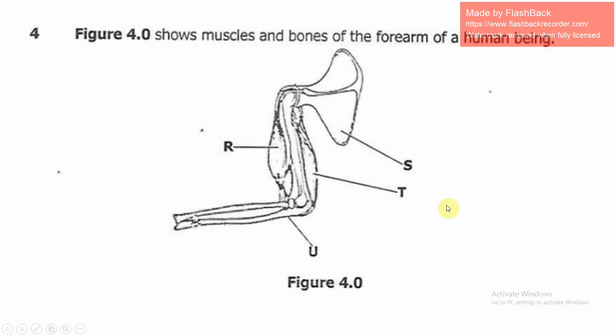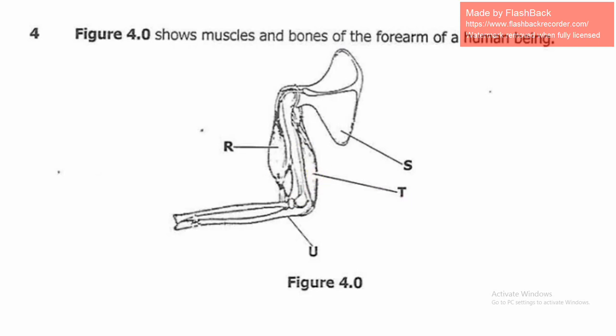The person who prepared this question was very lenient, I guess, because he or she labeled this bone as S, and it is actually called the scapula. It's like giving you a clue. And this muscle T, the tricep, is again a clue.